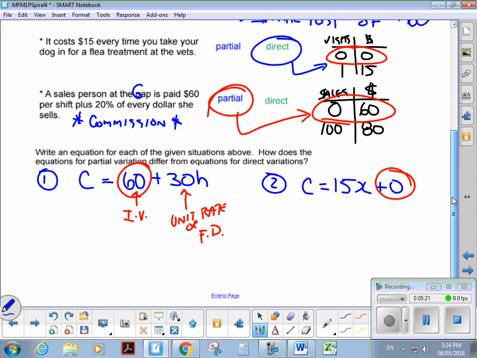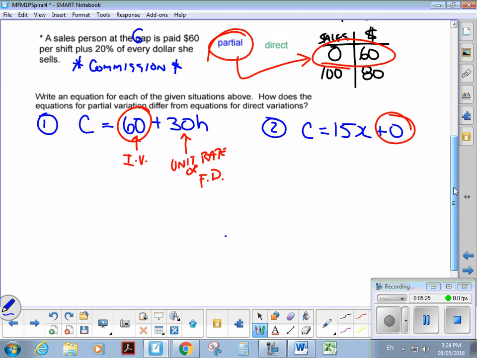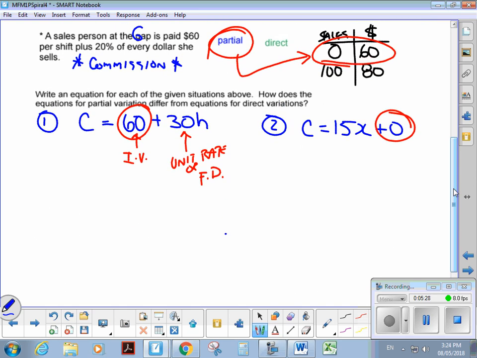Now this last one, this is not one that you would see at the grade 9. It won't be on EQAO, just because the equation's a little trickier, but we'll do it anyway. So your salary, let's call it S for salary, or how much money you're going to make. You get $60 per shift. So I'm just going to write it in here.